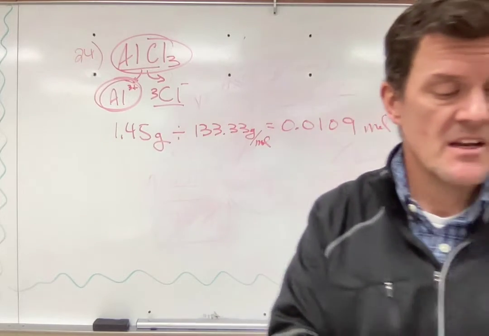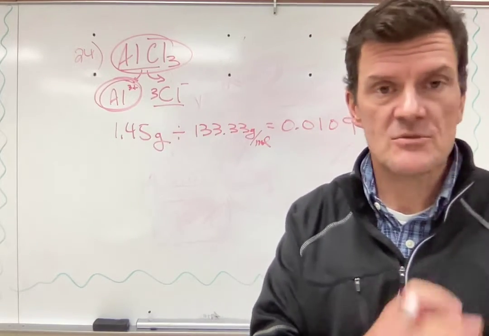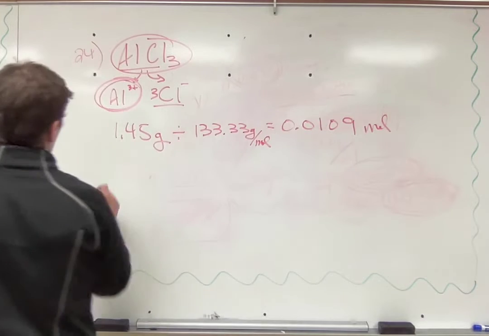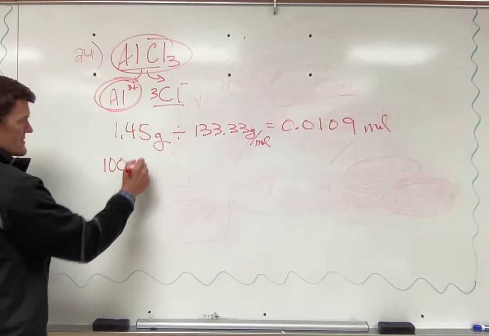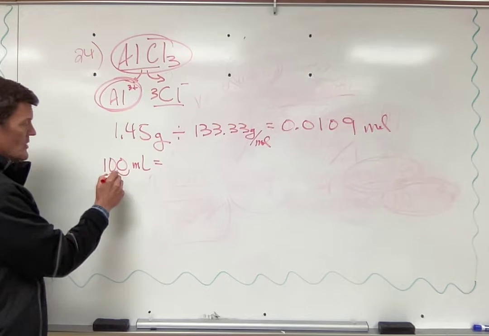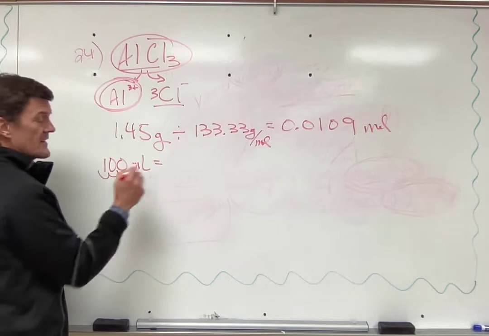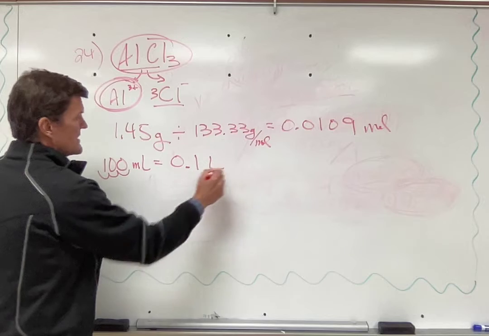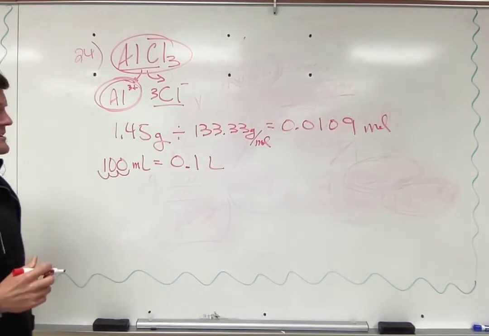So I need to take my 100 milliliters is what's given. I need to change that to liters. So 100 milliliters, if I move this over 1, 2, 3 places, is equal to 0.1 liters. It's 1,000 milliliters in a liter.